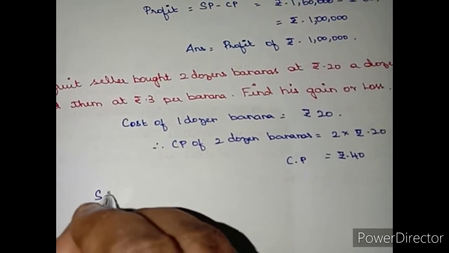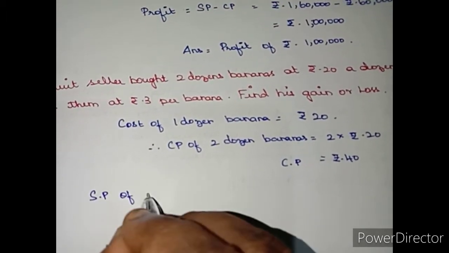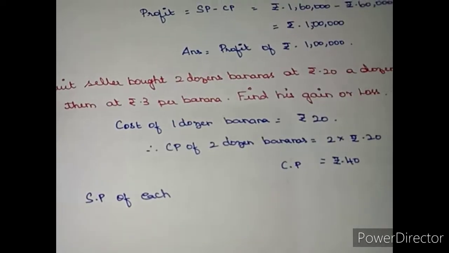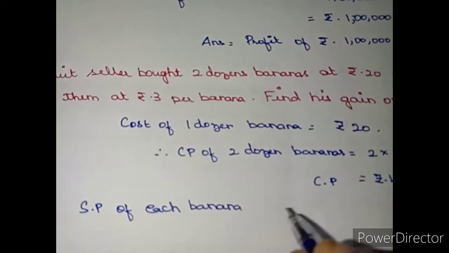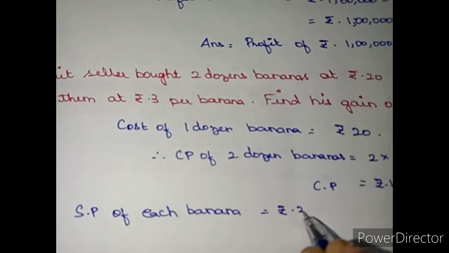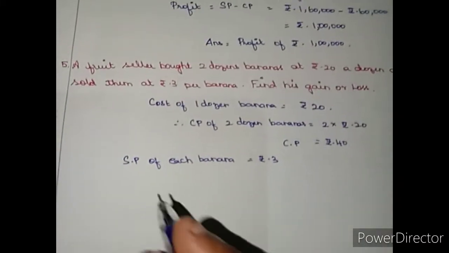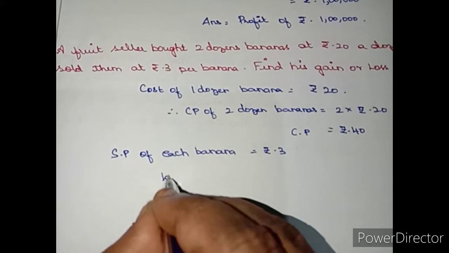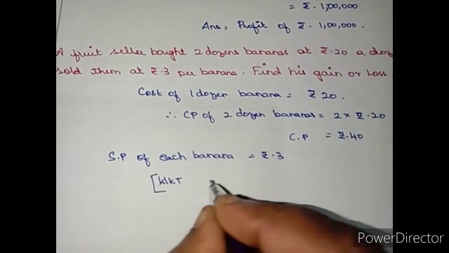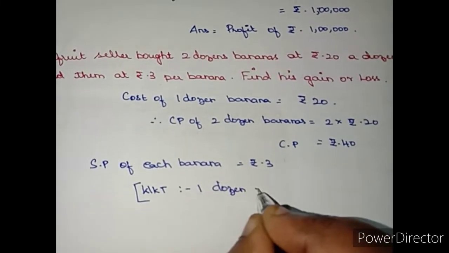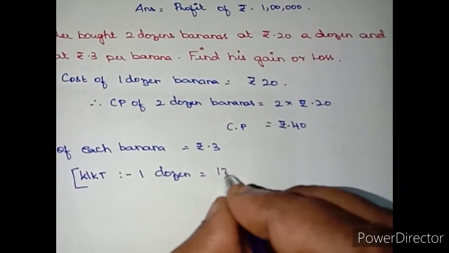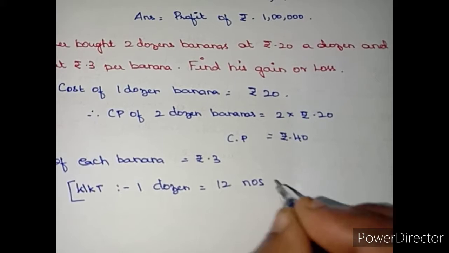So SP of each banana is rupees 3. So we know that 1 dozen is equal to 12 numbers.